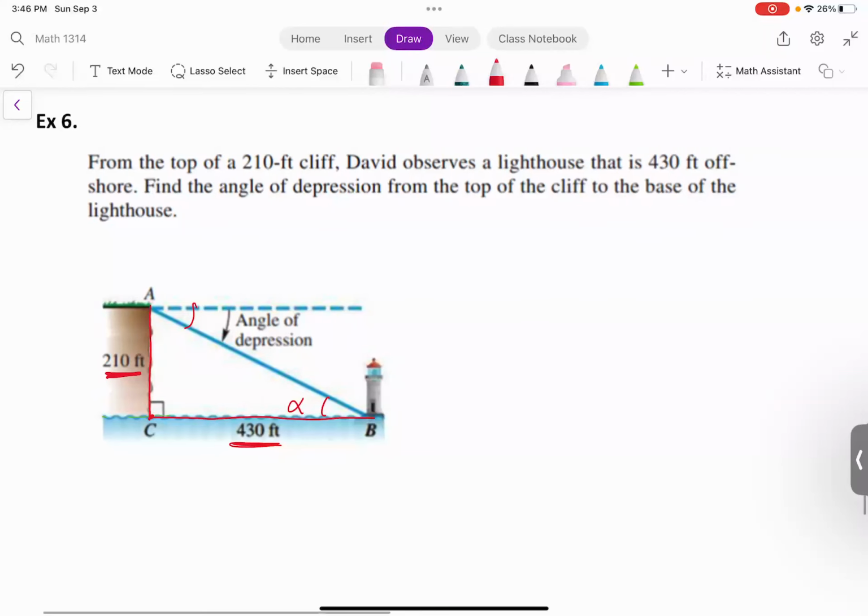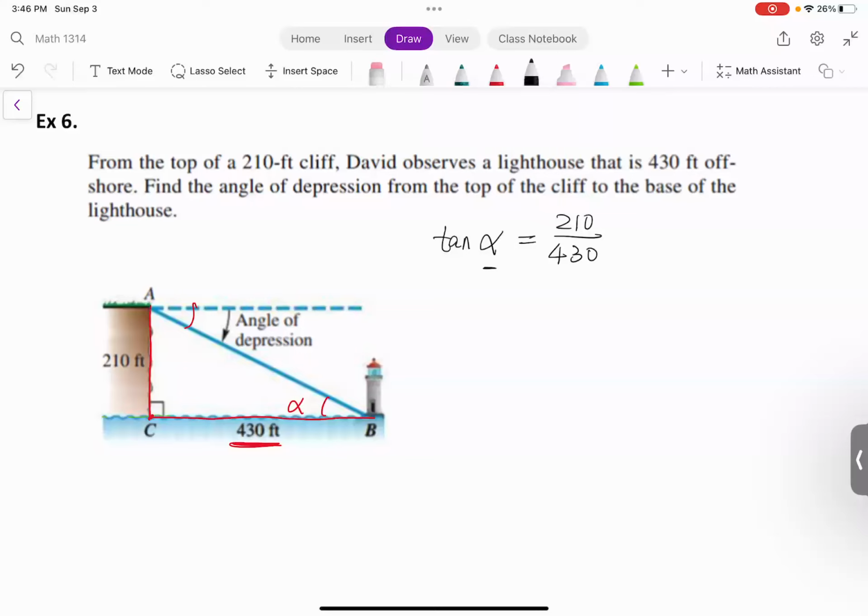Yes, we can, because we know that tangent alpha equals opposite over adjacent, 210 over 430. And then I can use the inverse function to find alpha. In other questions you may be given the hypotenuse value and some of these are missing, so you use a different trig function to find the missing information.